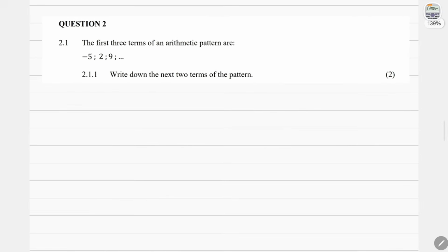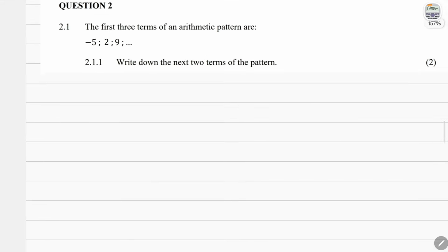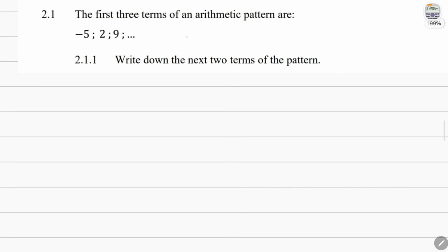Question 2.1 says, the first three terms of an arithmetic pattern are negative 5, 2, and 9. And 2.1.1 says we need to write down the next two terms of the pattern. Okay, so looking at our pattern, do you see that it is an arithmetic pattern? So that would mean that it has a constant difference.